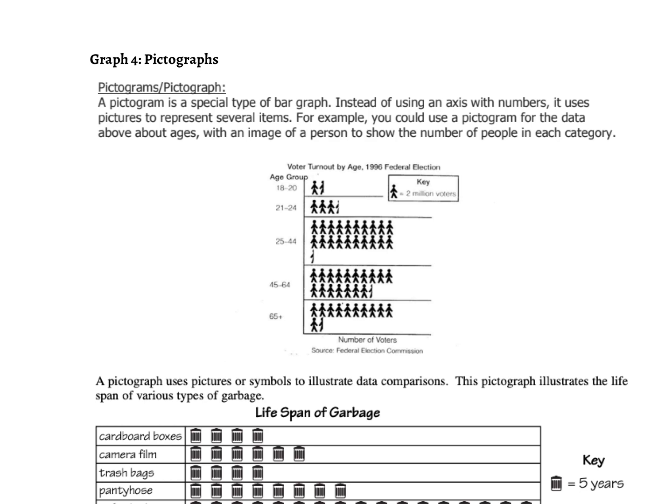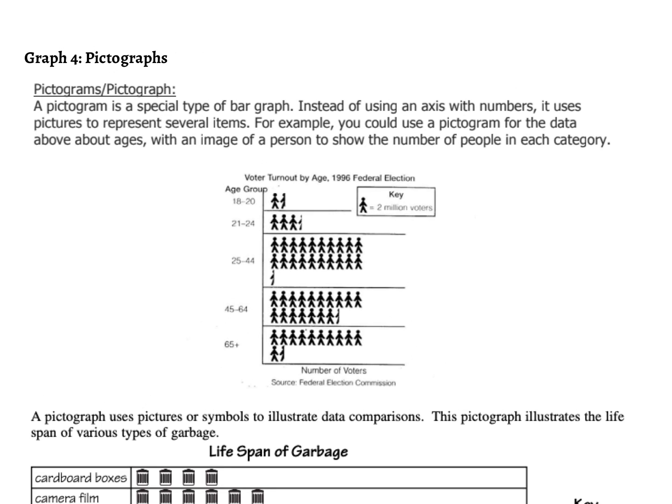Okay, so like in this example up here, voter turnout by age, 1996 federal election. Each of these little people stands for 2 million voters. So if you look, like in the age 18 to 20, there'd be 2 and then a half, which would be like 3 million people. This one would be like 2, 4, 6, 7 million people in that age group.